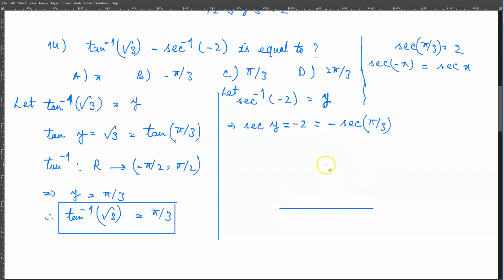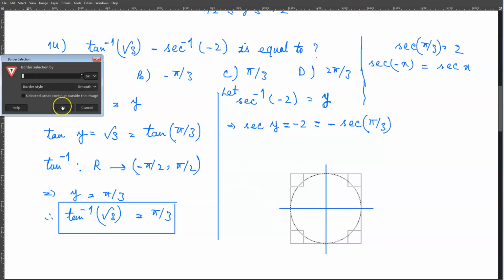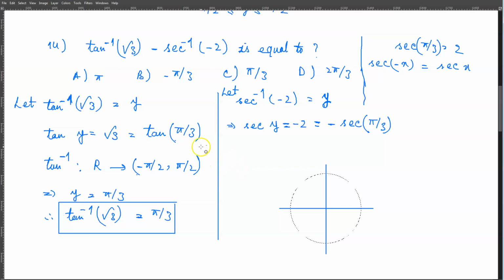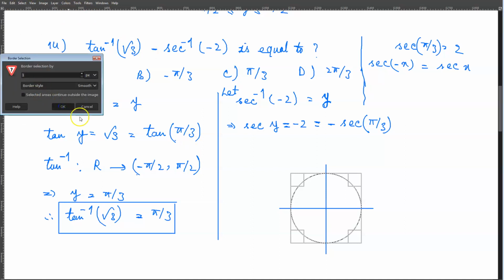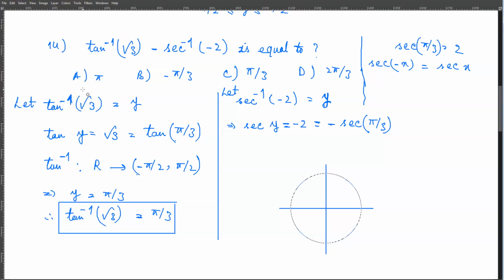So if I draw a unit circle over here, okay, now the angle that I have is secant of pi by 3.